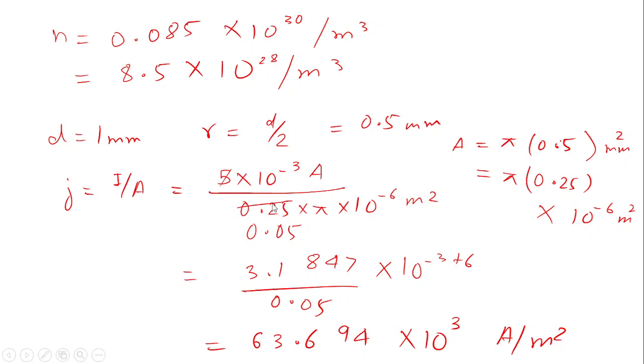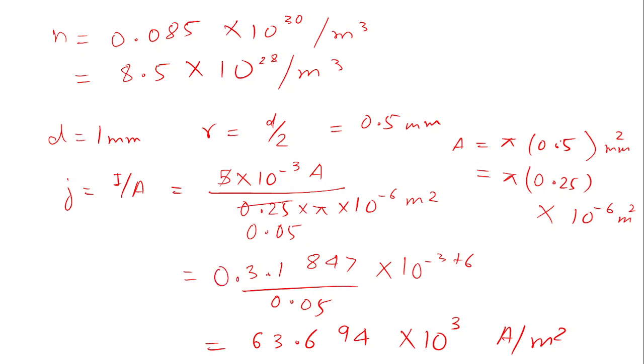I think I made a mistake here. So when I do this, 5, this is okay. And when I do 1, okay, so I made a mistake here.